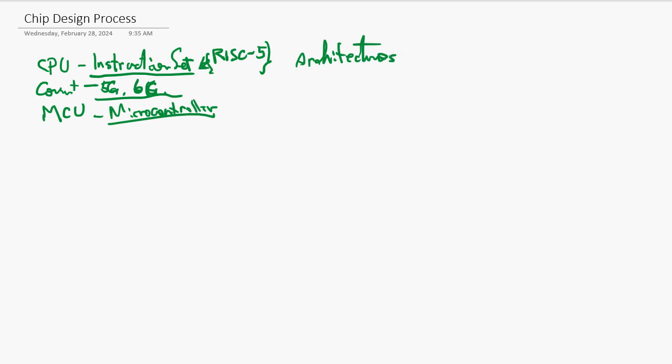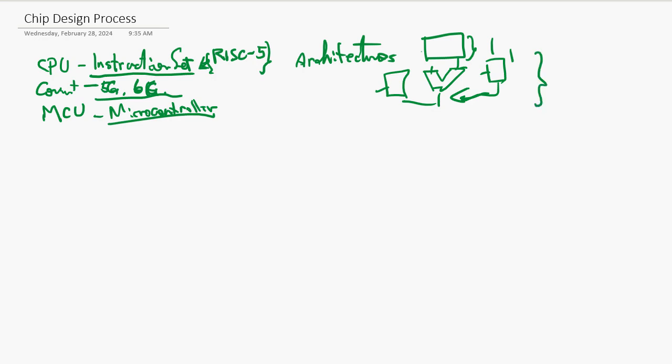This architecture is where you put the ALU and what kind of ALU you put, and the register set, how many registers, and the memory controller and instruction decoder. Those are architect-level design, and this needs to be done by experienced chip designers, architect designers.